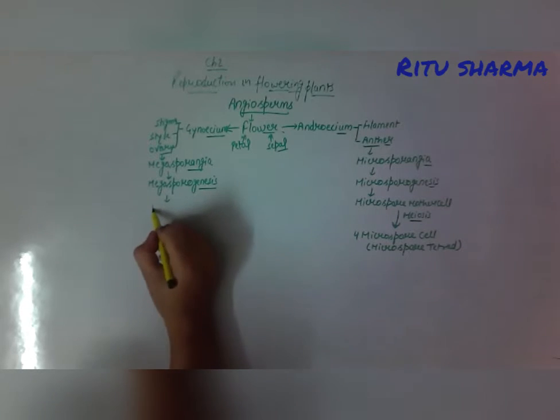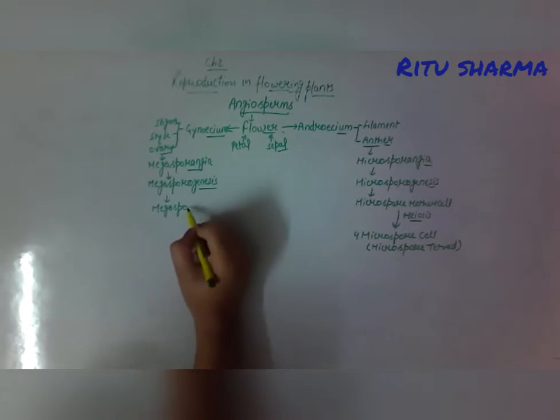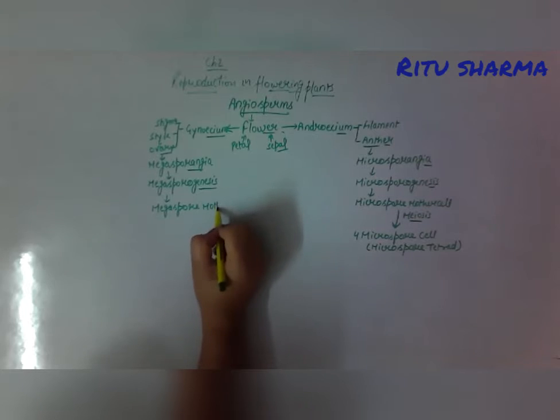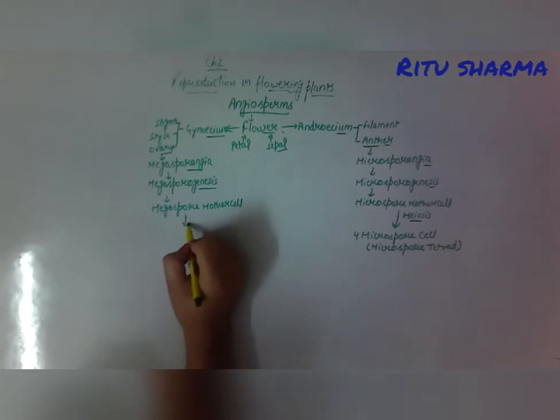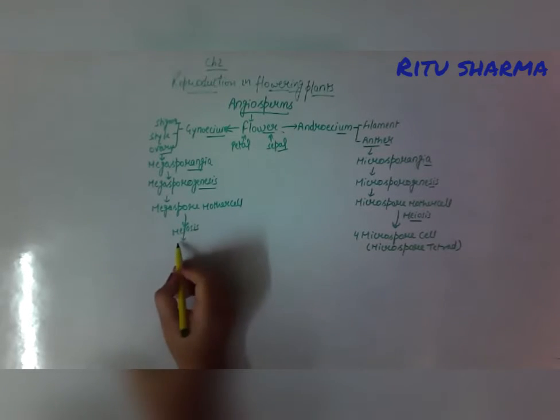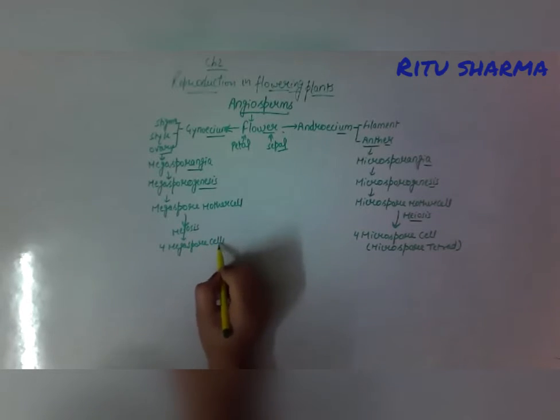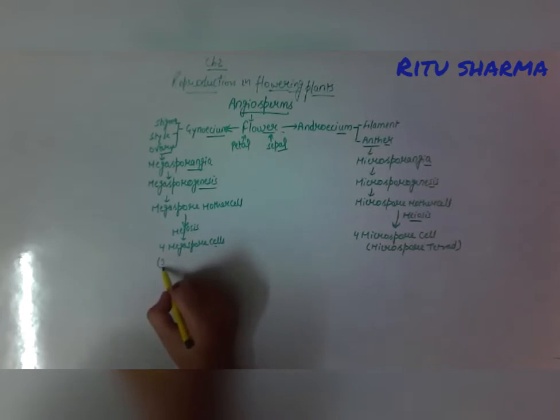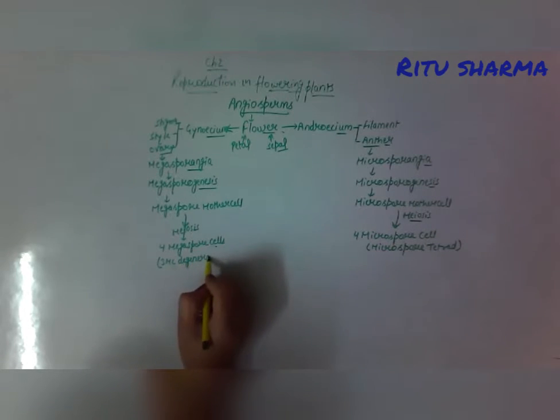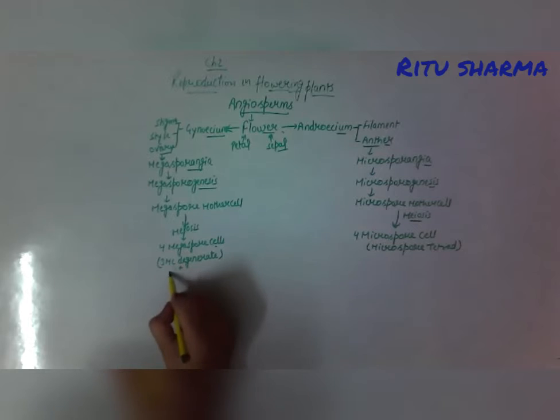Similarly, the megaspore mother cell, the first distinguished cell, undergoes meiosis, and it also causes 4 megaspore cells, out of which 3 will degenerate but 1 will be functional.